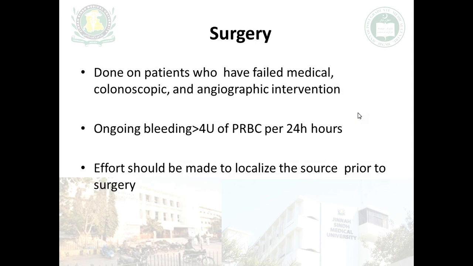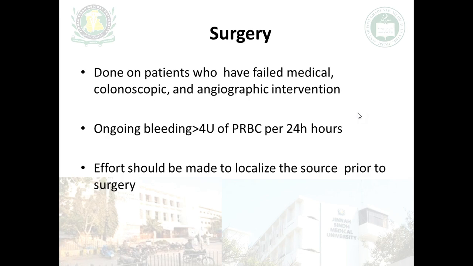Do we need the surgery? Now the point is, do we need the surgery? Yes, sometimes we need the surgery. Surgery is done on patients who have failed the medical, colonoscopic and angiographic interventions. Like a patient who has a malignancy, right?